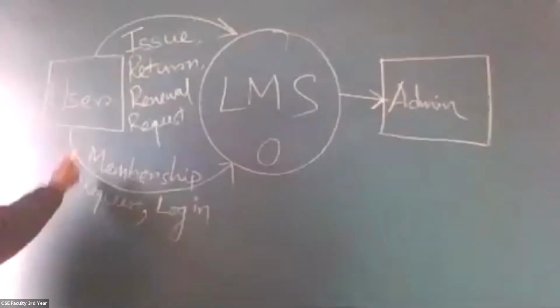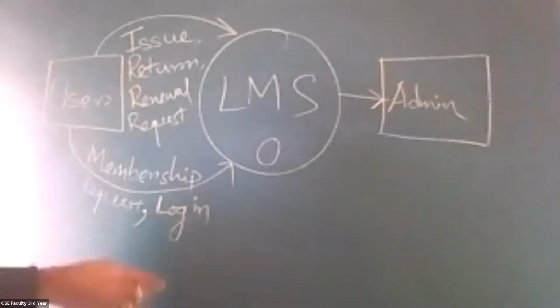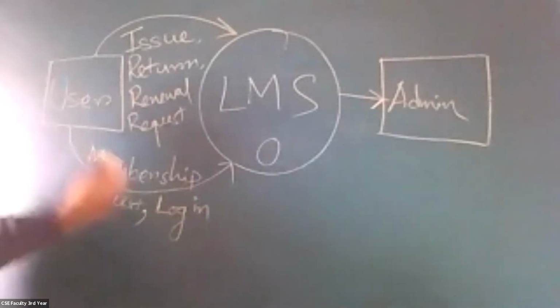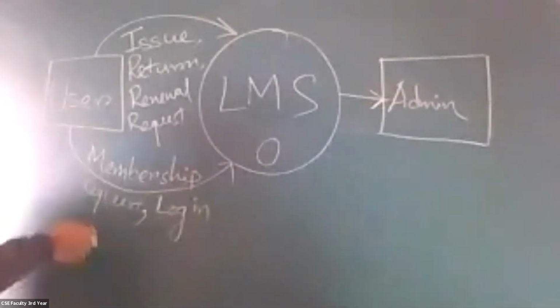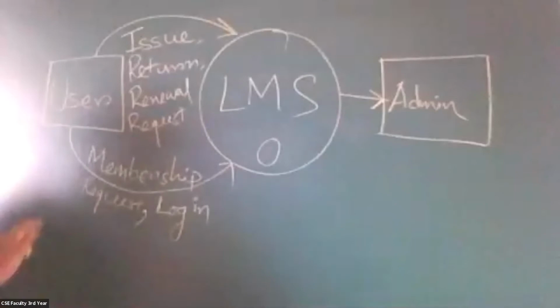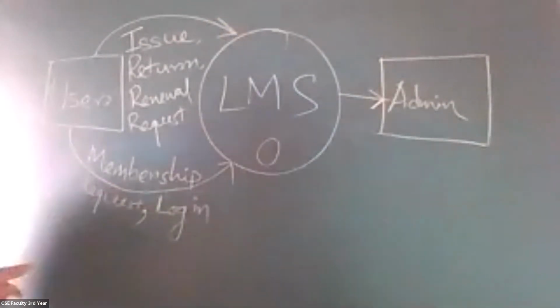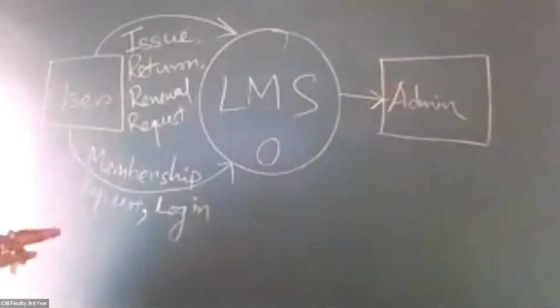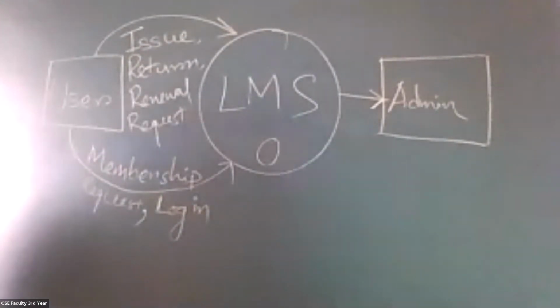There is a user who can issue a book, return a book, or renewal a book, and for the very beginning, he can take the membership for the library management system, and if he is a member, then he can log into the system. After that, he can issue, return, or renewal any kind of work he can perform.